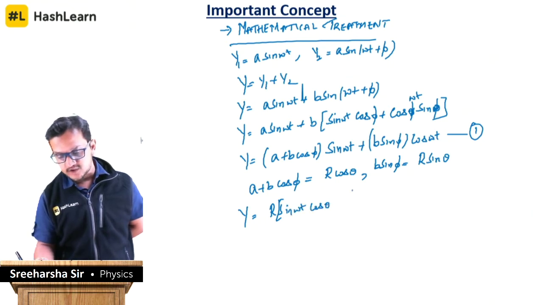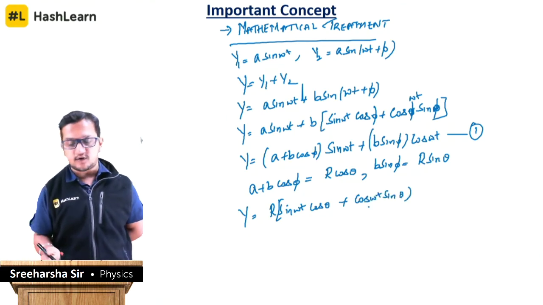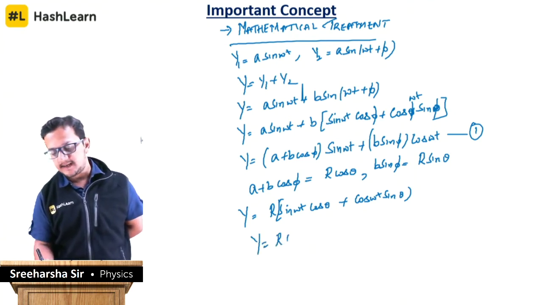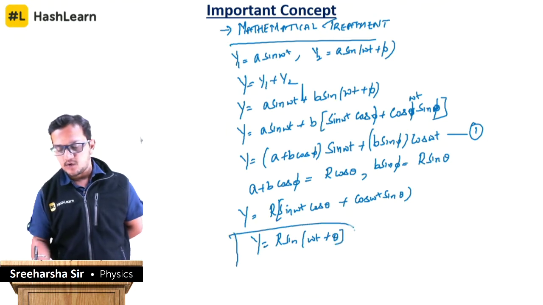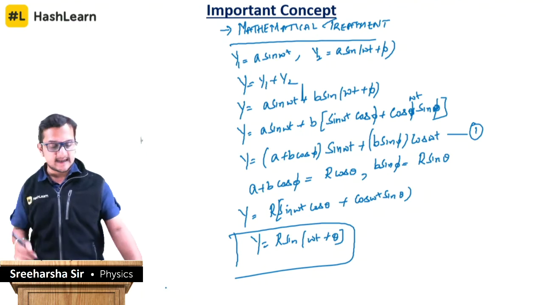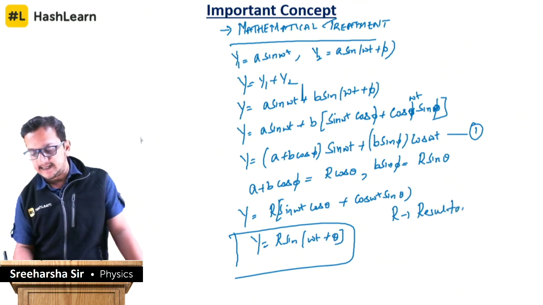So from this, if you write this equation, you will have r times (sin omega t cos theta plus cos omega t sin theta). This is again of the form sin a cos b plus cos a sin b, which can be written as r sin (omega t plus theta), which can be compared to y1, where r is the resultant amplitude. R is the resultant amplitude. We will go into this in detail.